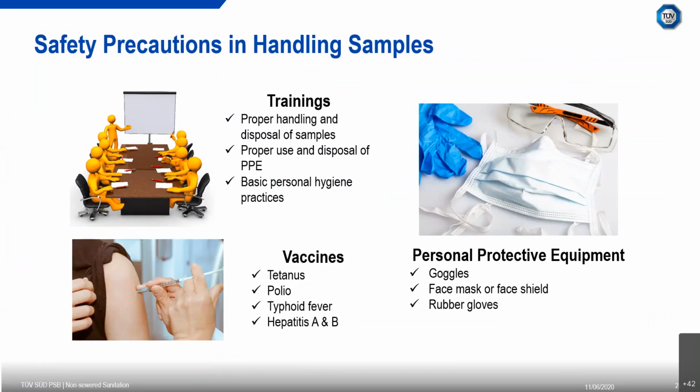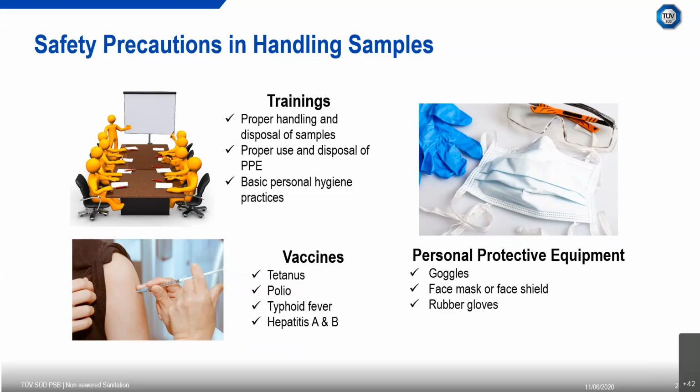To reduce the risk and protect all personnel involved in the NSS testing and analysis from illness such as diarrhea, safety precautions should be in place. Personnel should have proper training with regard to proper handling and disposal of wastewater, basic personal hygiene practices, and proper use and disposal of PPE.